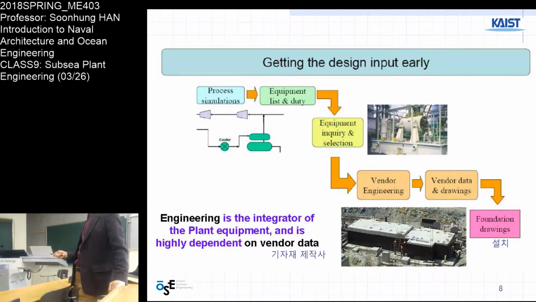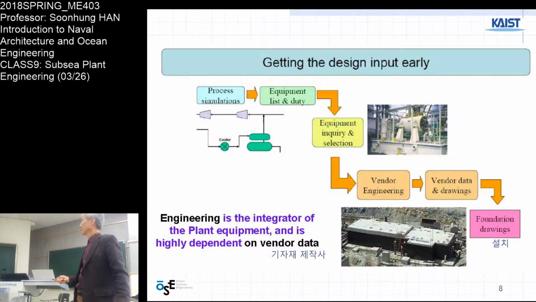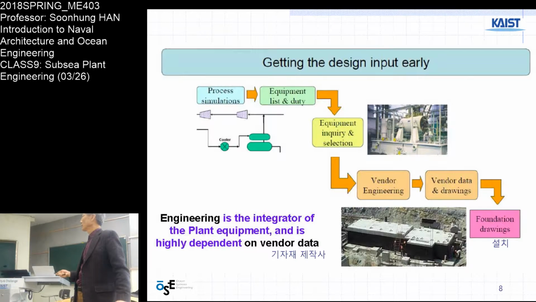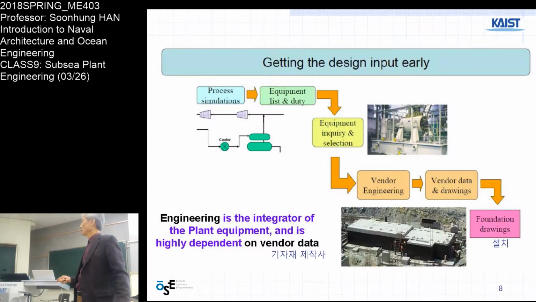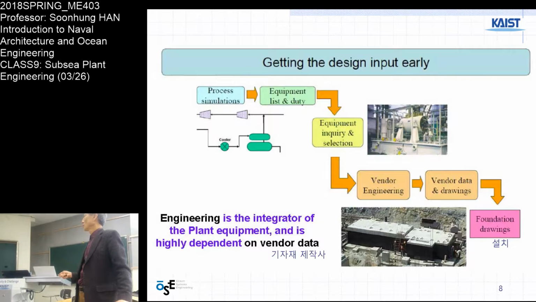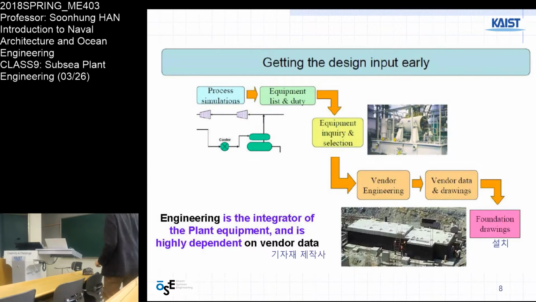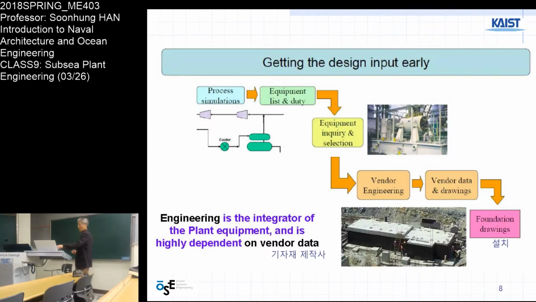When another company provides their own design and manufacturing and also drawings, and then when it arrives, the equipment should be installed. So we need foundation drawings, installation drawings. It's complicated.